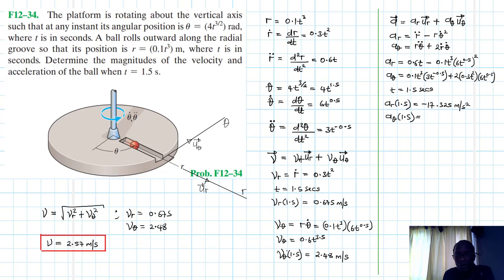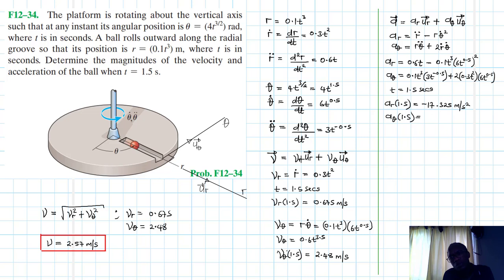So I can just say 0.3 times 1.5 to the power 2.5, plus 2 by 0.3, that is 0.6, by 6, that's 3.6.